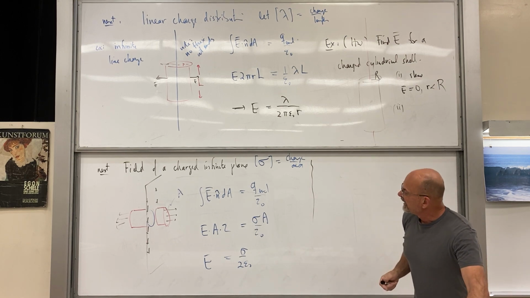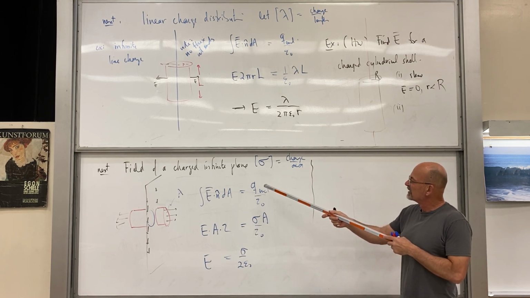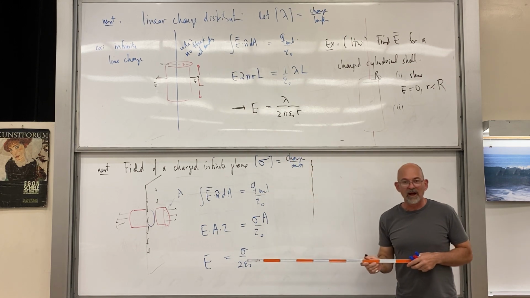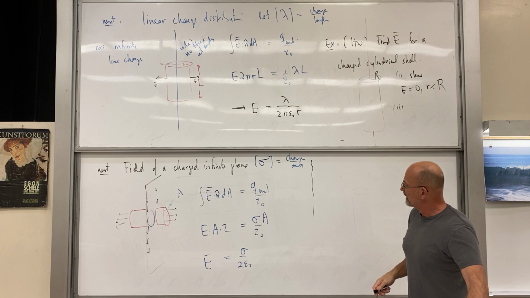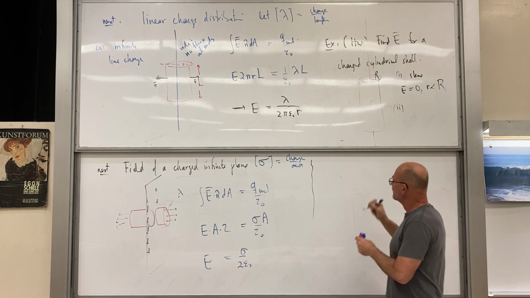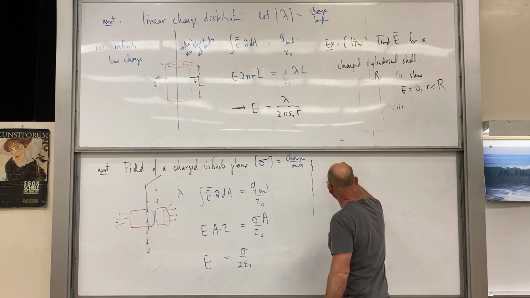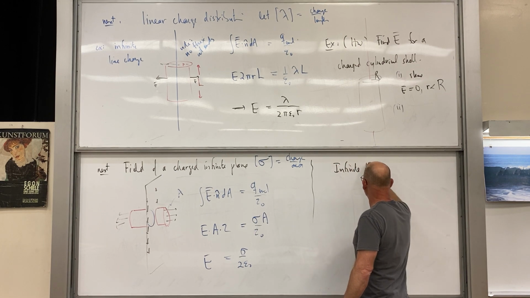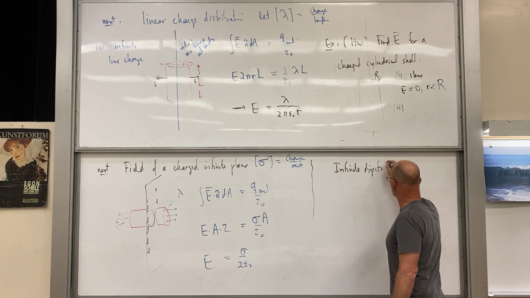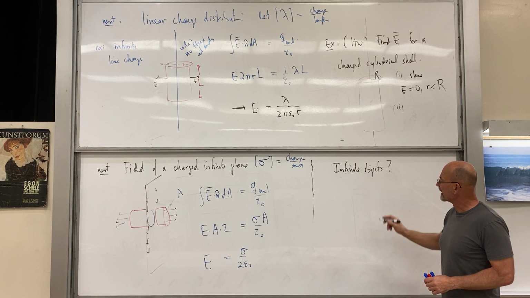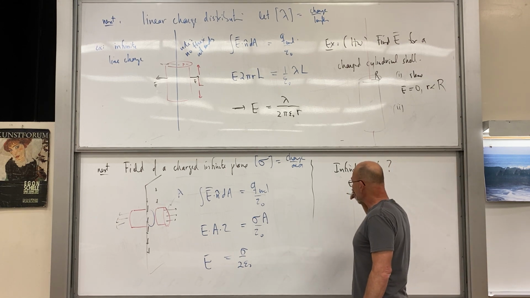So what's the meaning of these infinite planes, infinite charge distributions, when we know they're not really infinite in real life? So what's the meaning of infinite objects? Let's start with the plane.